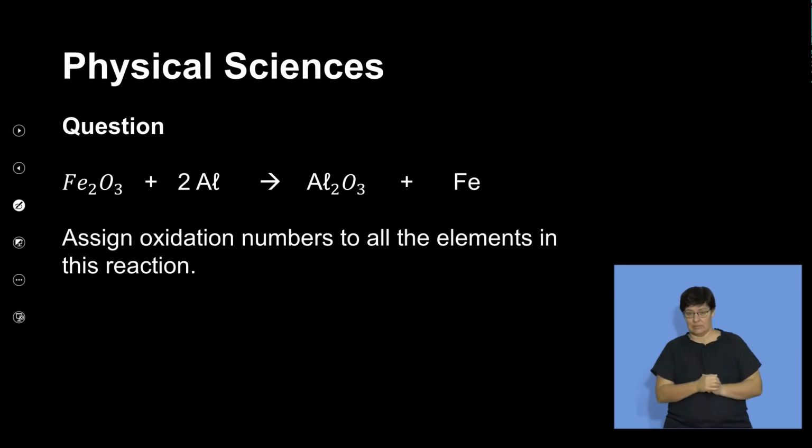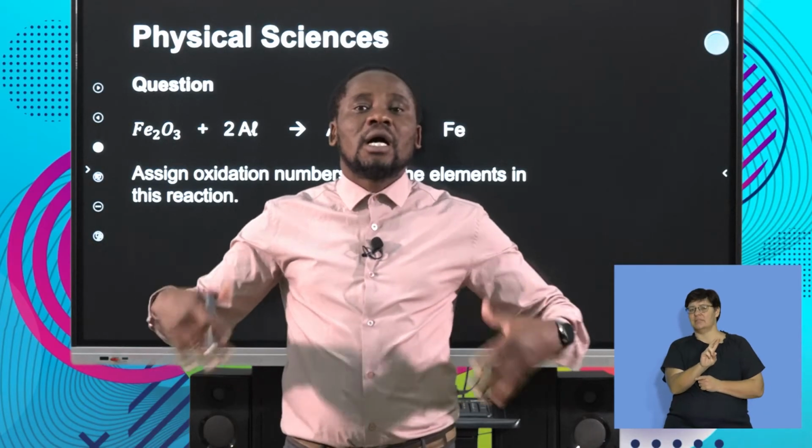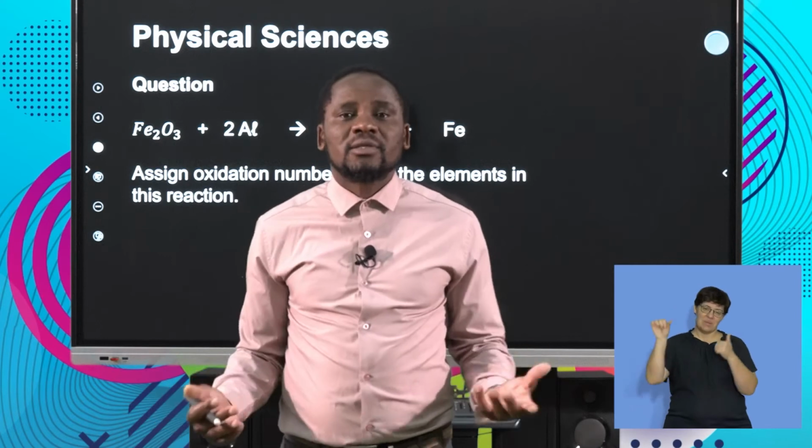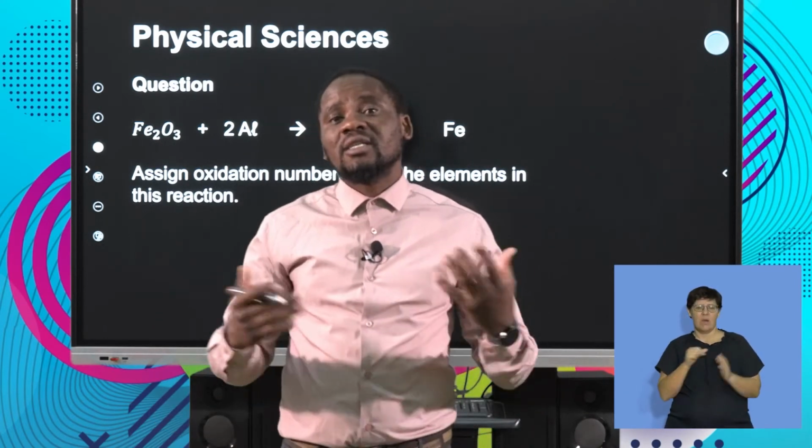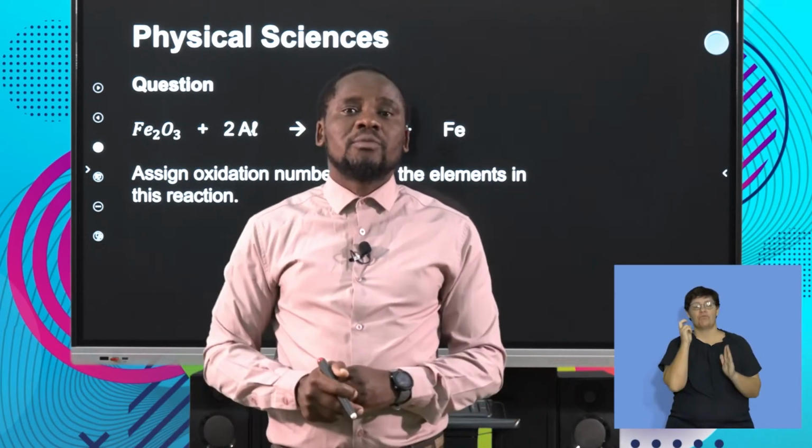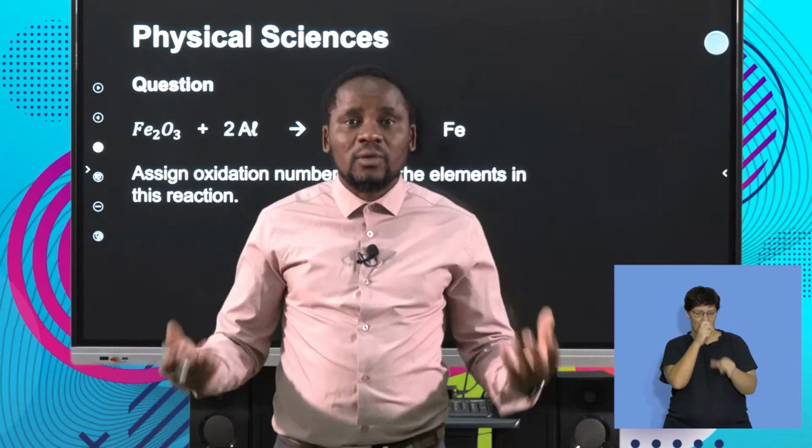Right, now the first question says, assign oxidation numbers to all the elements in this reaction. Now immediately we recognize that this question is about us going back and reminding ourselves of what is exactly important in as far as the rules that we pay attention to when we assign oxidation numbers.